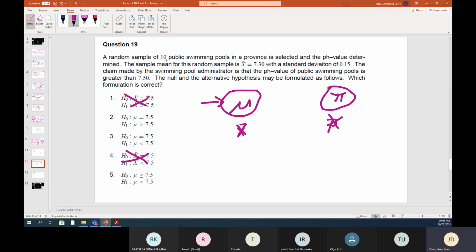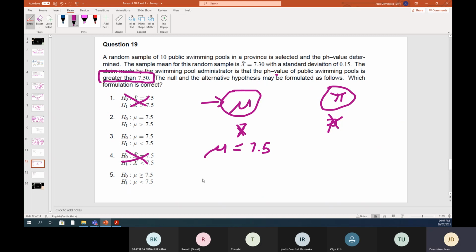A random sample of 10 public swimming pools in a province is selected. The sample mean for the random sample is given with a standard deviation. The claim made by the swimming pool administrator is that the pH value of a swimming pool is greater than 7.5. Okay, so the null hypothesis is equal to 7.5.